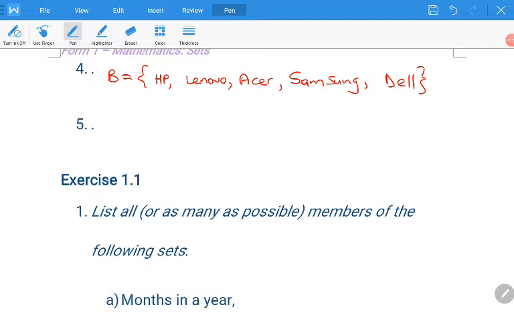A set can also constitute of locations. So I'm going to use L to represent locations.